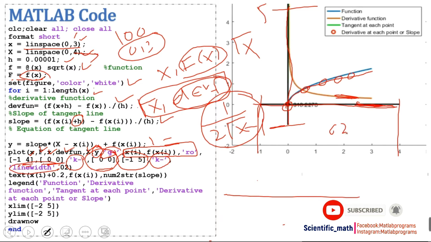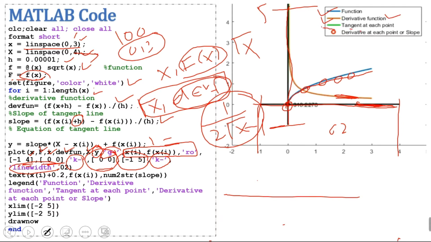This line indicates the given function, and this line indicates the derivative function, and the green line indicates the tangent at each point.